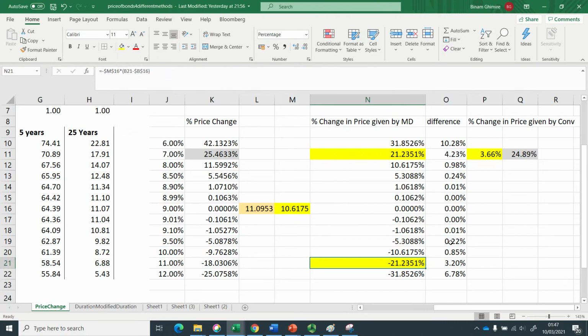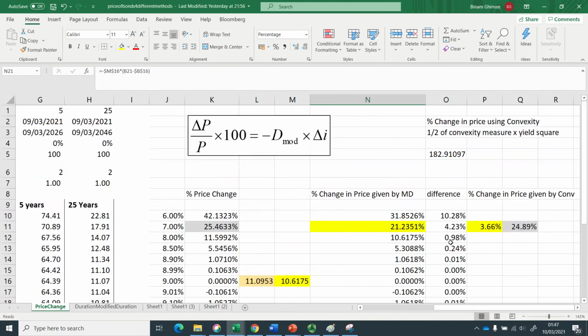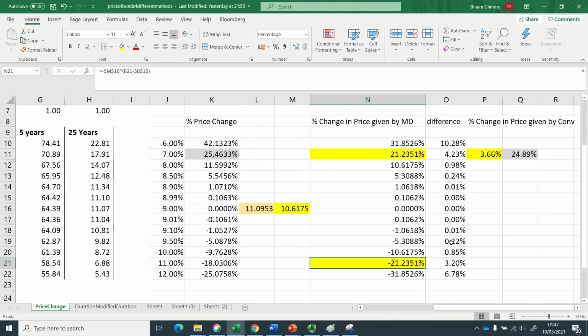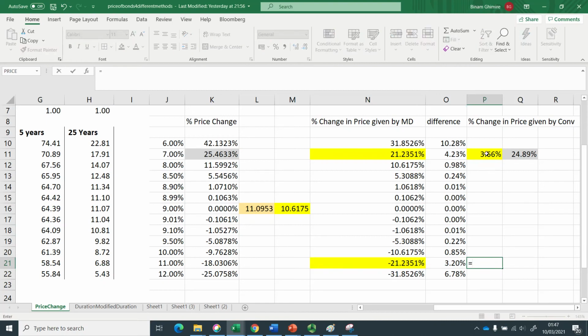What will be given by the convexity? The convexity given is 3.66. What we now need to do is add up the convexity given and the modified duration given.